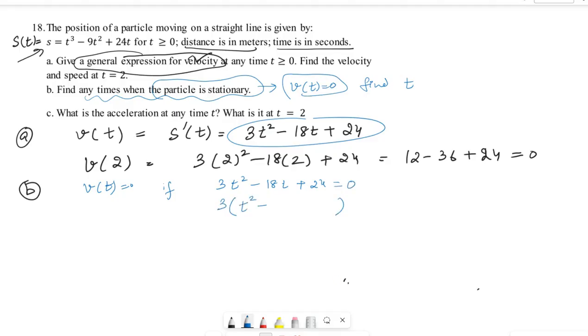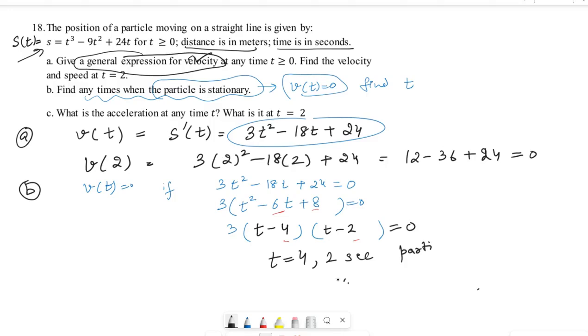That will make it 3 times t square minus 6t plus 8 equal to 0. This is quadratic. It can be factored easily into 2 factors. It should be t minus 4, I think t minus 2. Because sum of these two should be negative 6, and product should be 8. So t is at 4 and 2 seconds. Particle is stationary.